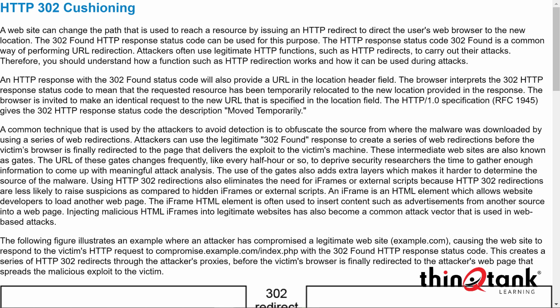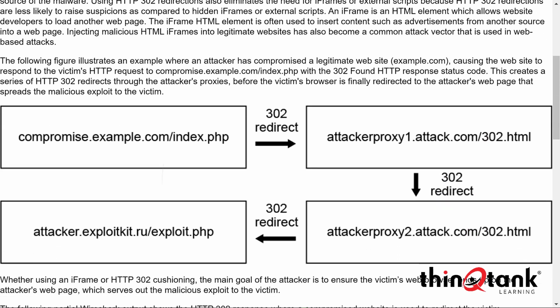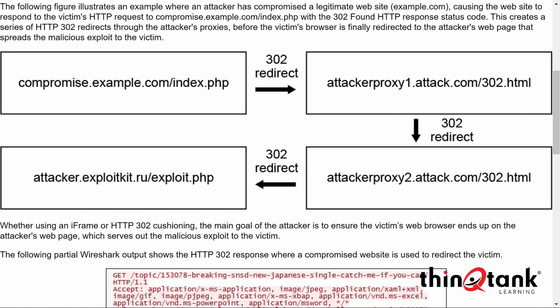So we're going to talk a little bit about what 302 cushioning is in this particular case. 302 cushioning, or what we would simply refer to as a cushioning attack, is used to redirect the victim to a malicious site without the use of a more traditional technique, like hidden iframes or external script SRC tags and so on.